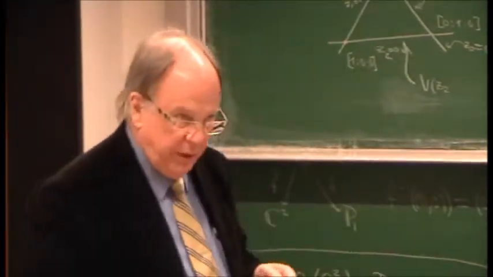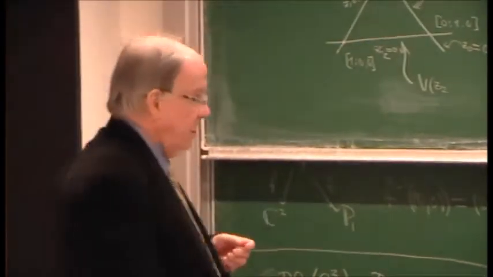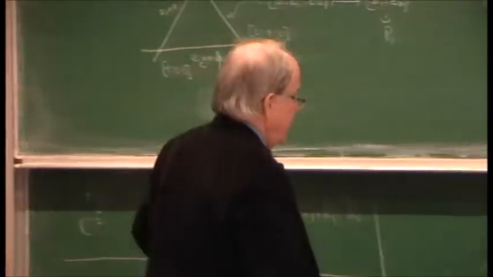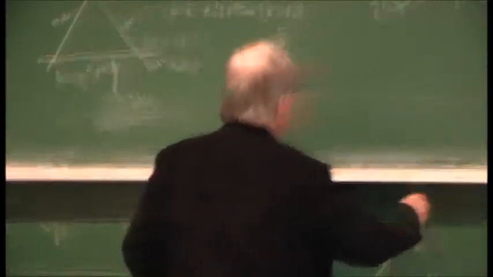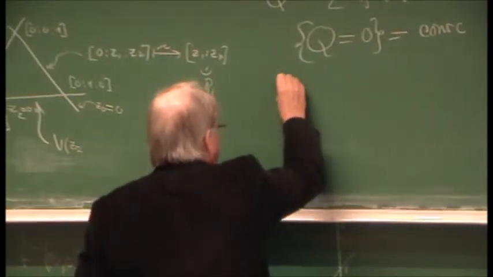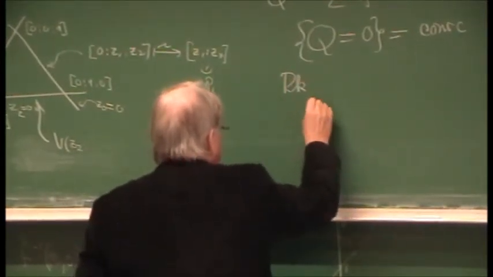There are 3 types of conics. I will talk about this in the next lectures, but let me just tell you now what the possibilities are. That's a quadratic form, so the rank of this thing is the only invariant.